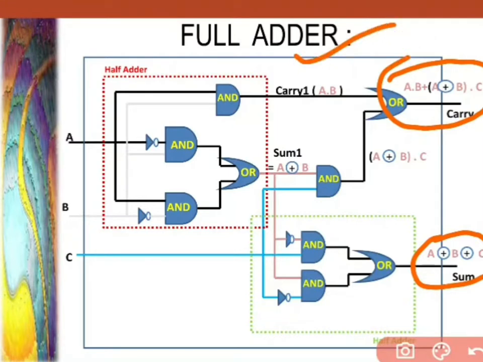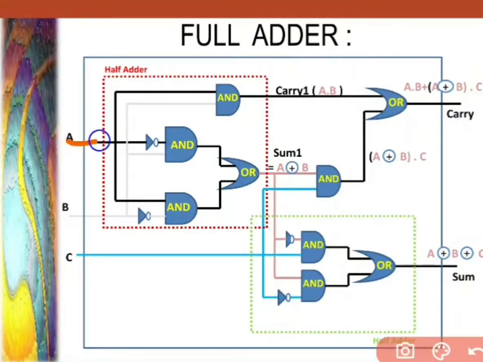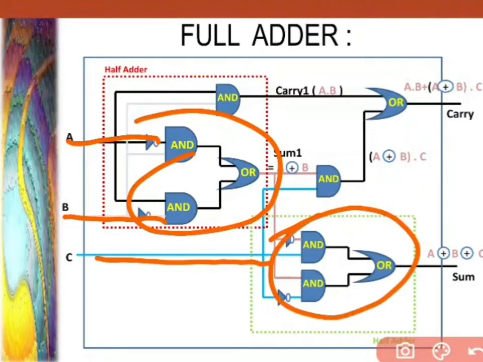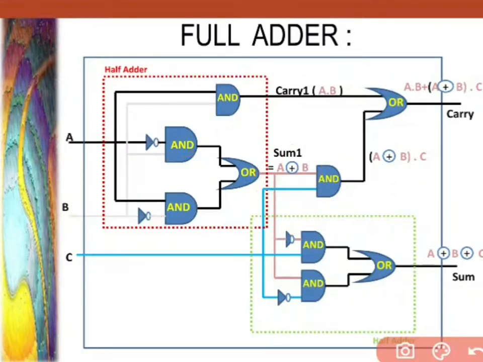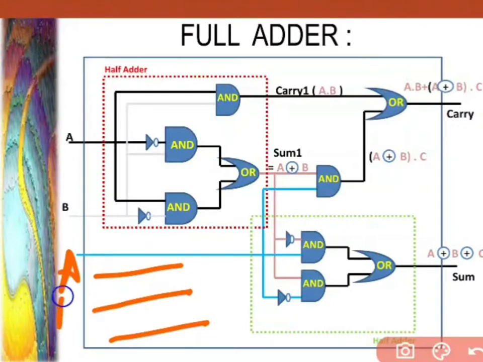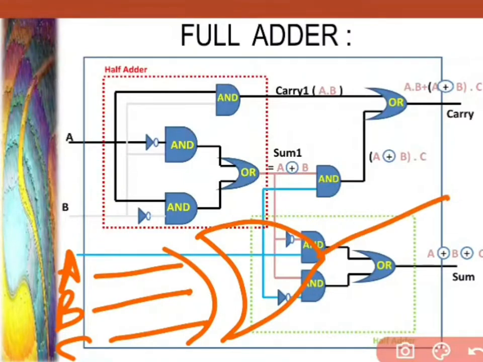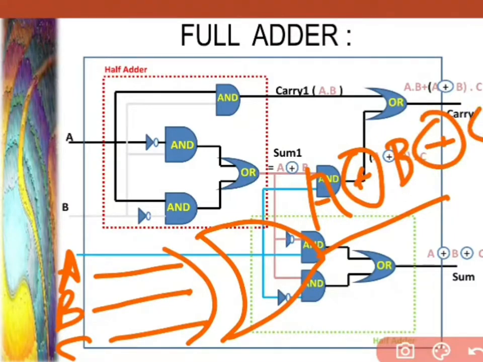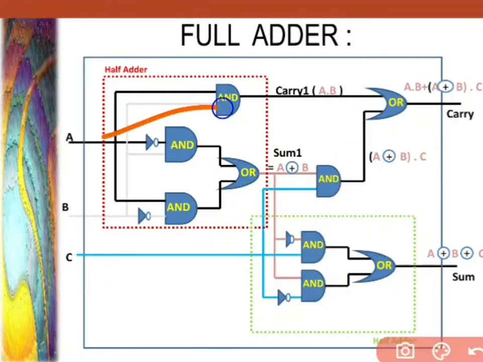When we forward A, B and C through XOR, the first gives A XOR B and then A XOR B XOR C. When we forward three inputs through an XOR gate, the answer is A XOR B XOR C. The same thing we did here, so the sum expression is A XOR B XOR C.